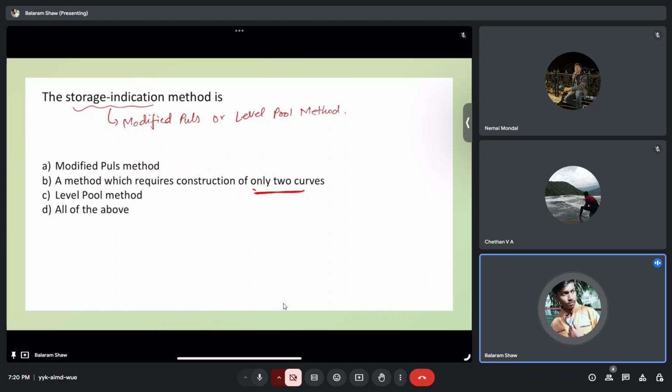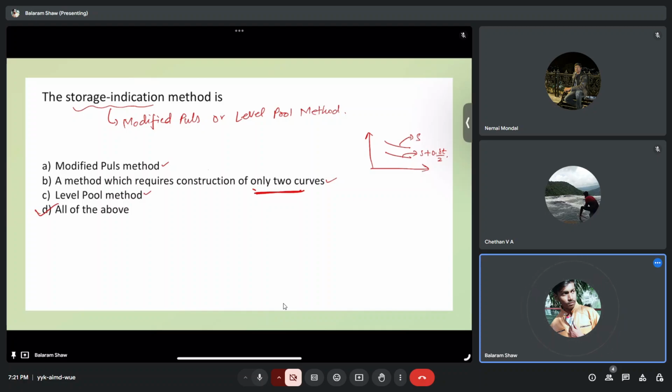Remember the difference that I said between Puls method and modified Puls method is, in Puls method you consider three curves, and in the modified Puls method you only consider two curves. One is the S curve and another is S plus O into del T by 2 curve, right? And hence this storage indication method requires construction of only two curves. So the correct answer here will be all of the above. That is, it is a modified Puls method, it is a level pool method, and it is a method which requires construction of only two curves. So the correct answer will be D.